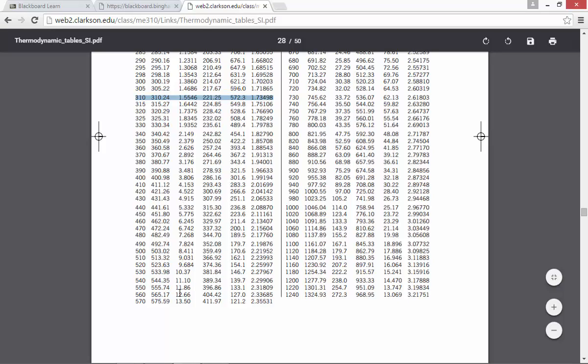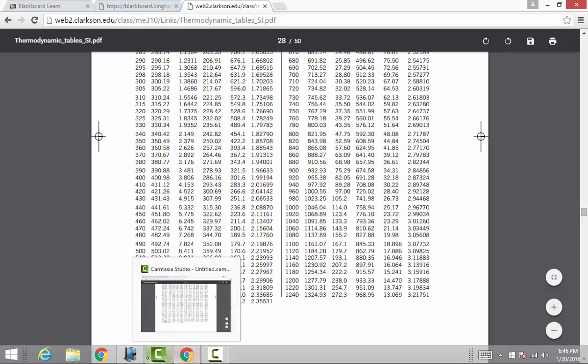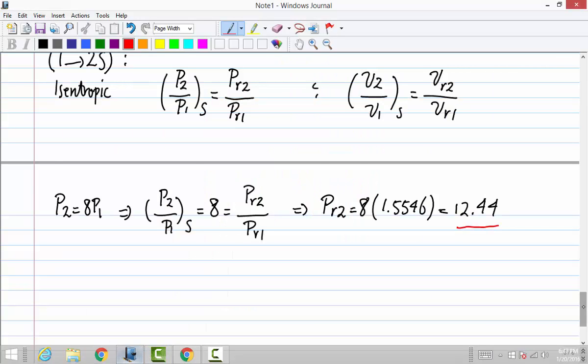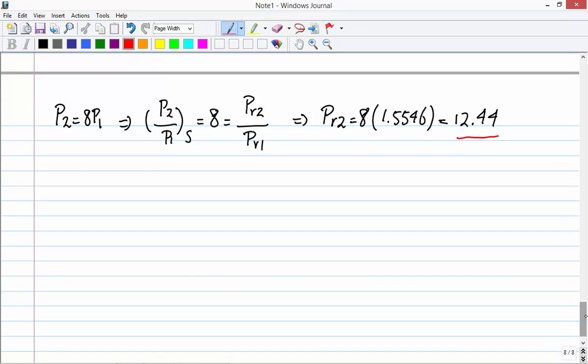So we will be between this guy and this guy, and I interpolate. The second column are the enthalpies, and I'm looking for enthalpy. So my enthalpy would be something in between these two values, right? So with a simple interpolation, I can find H2S.